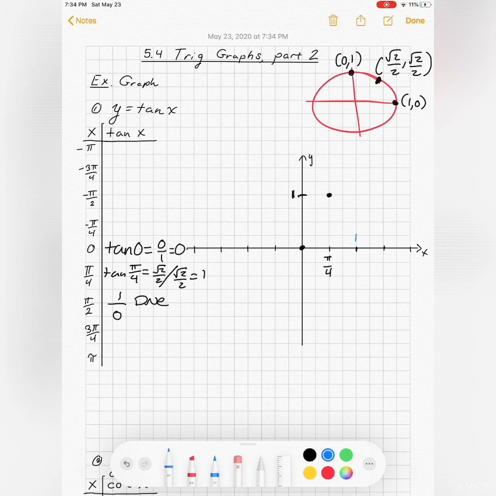So actually tangent's kind of interesting because it actually has vertical asymptotes. Three pi fourths. Again, if I divide these, they're the same in magnitude, opposite in sign, get negative 1.